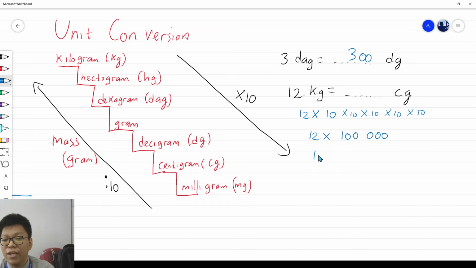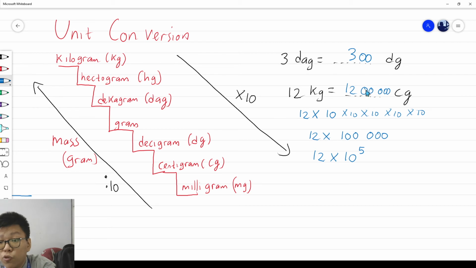Or I don't know if you have learned about this or not, you can write it like this. Please let me know if you haven't learned about power. So the result is, you can answer it just like this: 12 times 10 to the power of 5. Or you can answer it by putting the zeros.